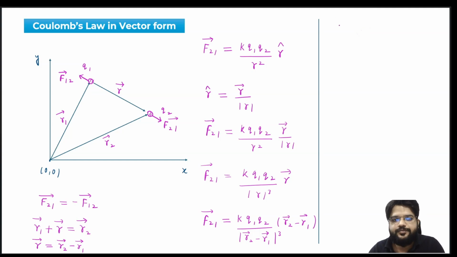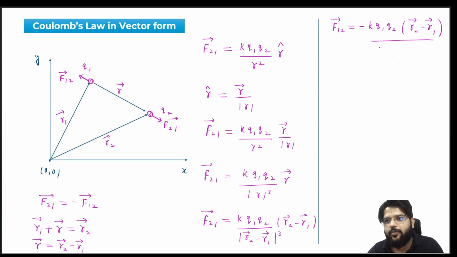So F12 is equal to minus of F21, and F21 value we already have: K Q1 Q2 times R2 minus R1, divided by mod R2 minus R1 cubed.